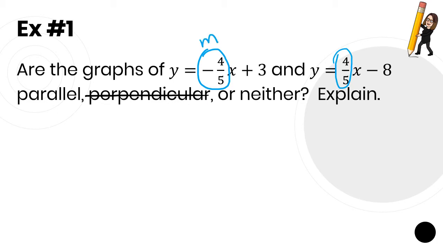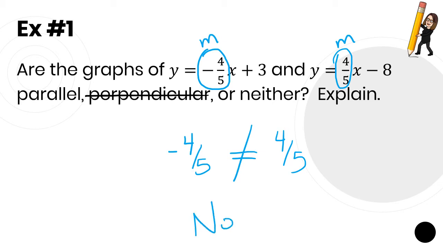So if that's this line's m and that's this line's m, are the slopes exactly the same? No, they're not. Negative 4/5 is not equal to 4/5. So not parallel, okay? Even if they look the same, that sign, they're not the same. And you'll also notice we totally ignored the y-intercept. We don't need that information.